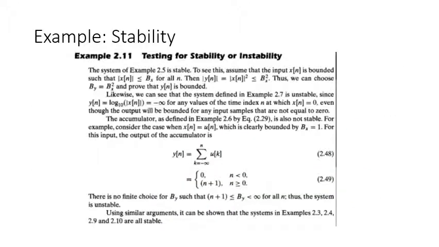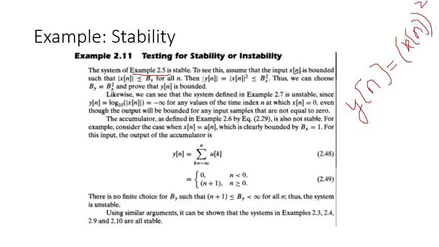Now here we have an example in which we will talk about stability. To see this, assume that input x of n is bounded. We have a squarer system, which is defined in example 2.5, and we are saying that the system is stable. The system is of the form y of n is equal to x of n squared. You can go and check 2.5.